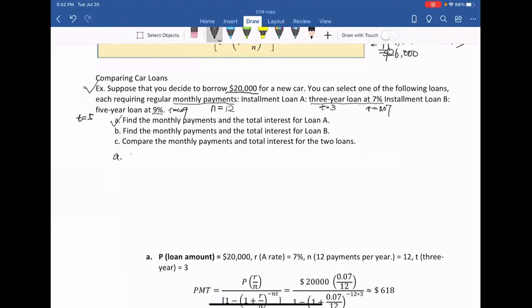Because we know the PMT equals P times R over N, divided by 1 minus 1 plus R over N to the negative NT. For the first loan A, the P is 20,000.